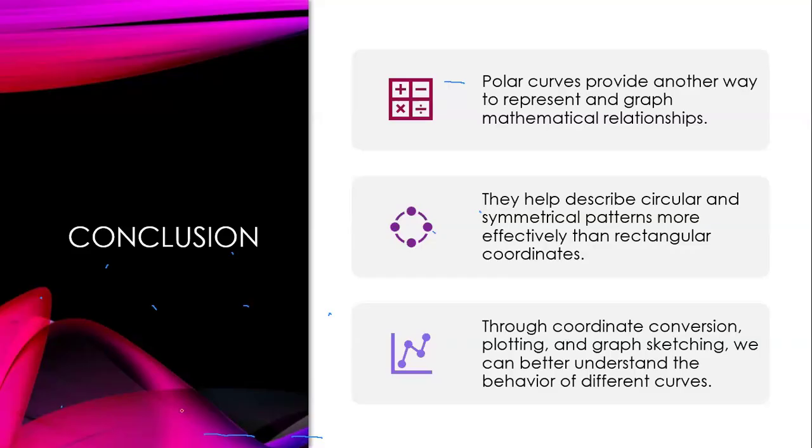The meaning of this is that they give us a radius and they give you an angle, so you know specifically how to plot your point. Third point, through coordinate conversion, plotting and graph sketching, we can better understand the behavior of different curves. Thank you. That's the end of our presentation.